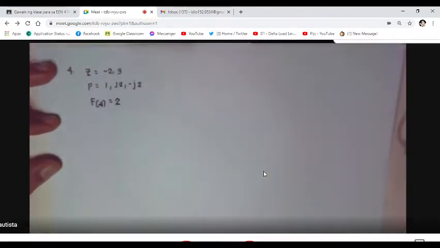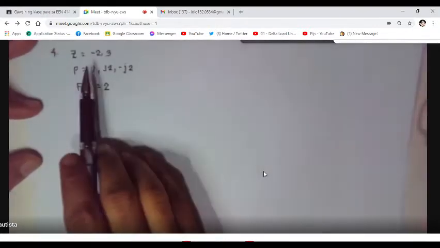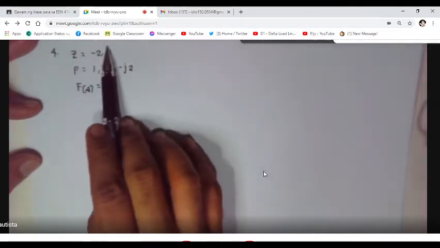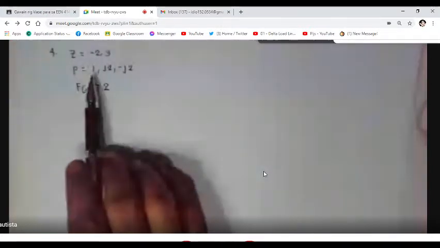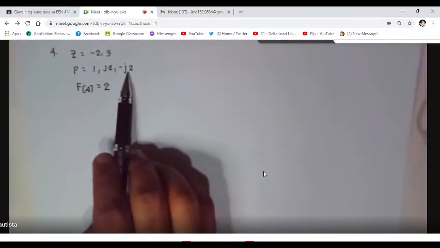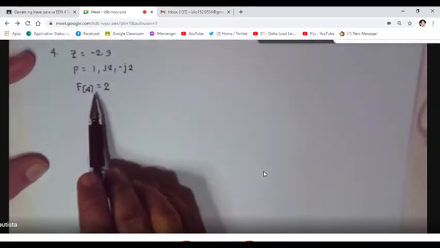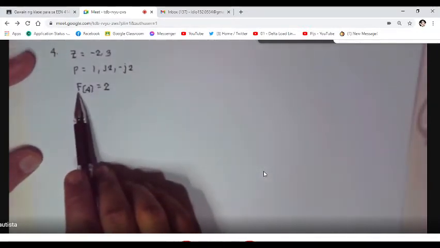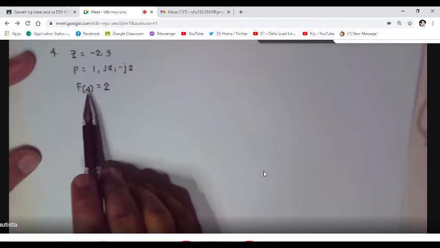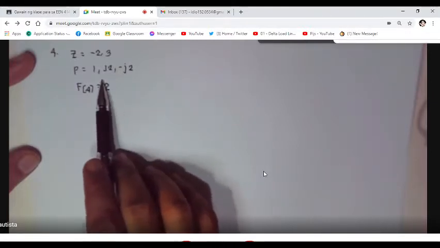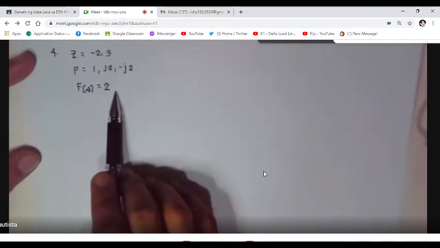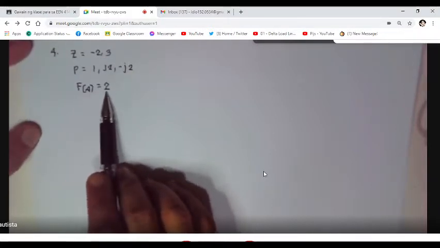In the problem, the zeros given are negative 2 and 3, and the poles given are 1, j2, and negative j2. There is also a condition: if s is equal to 4, the transfer function is equal to 2.